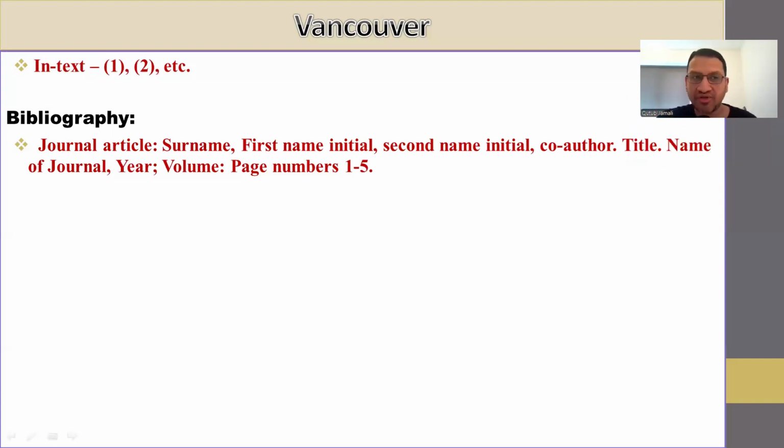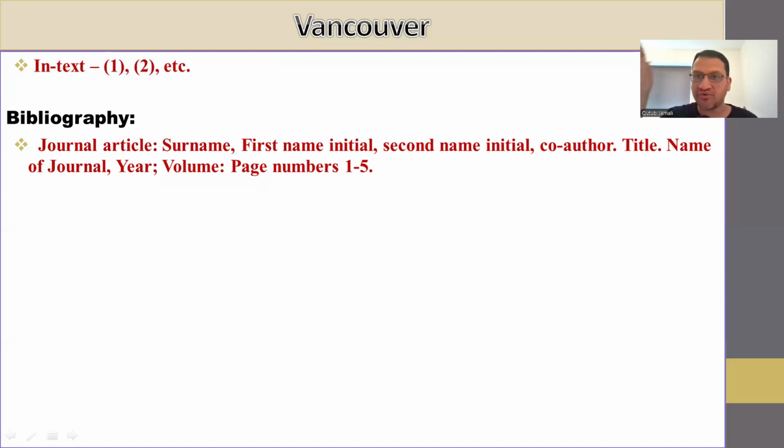So when it comes to the bibliography of Vancouver, if you are referencing from a journal article, then you put a surname first, then the first name initial, second name initial, and so is with the other co-authors.